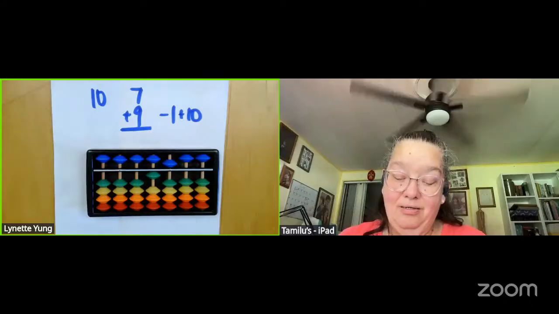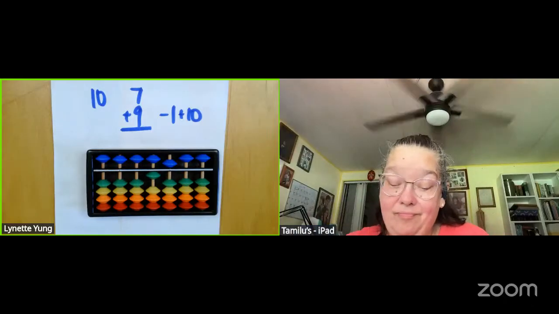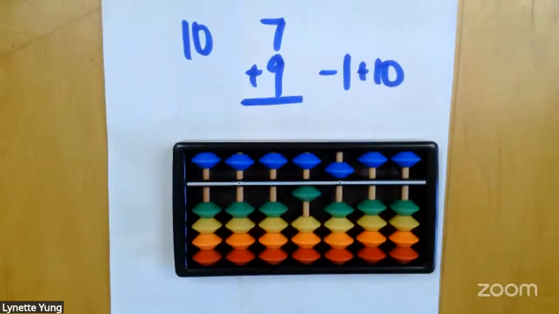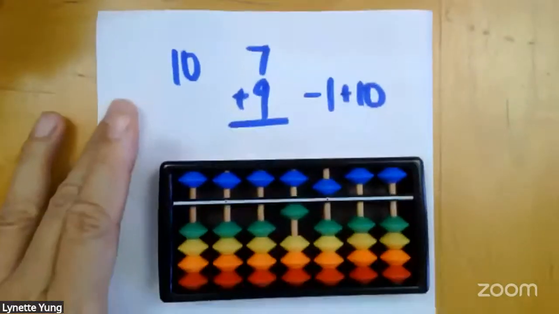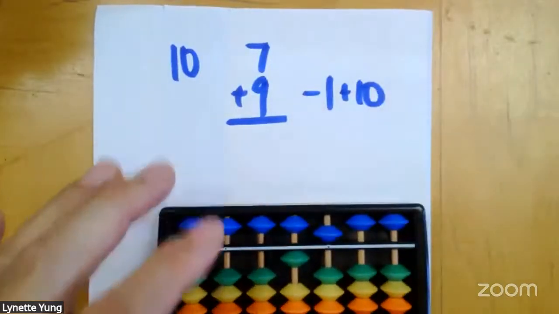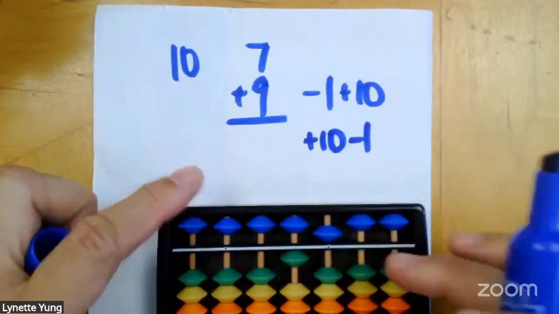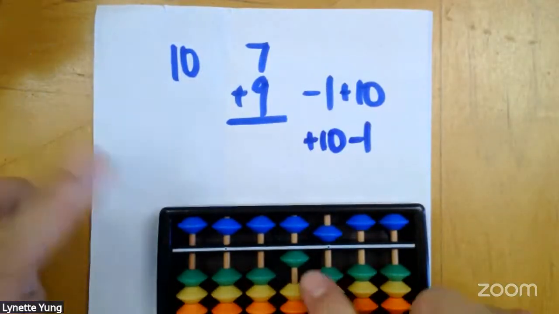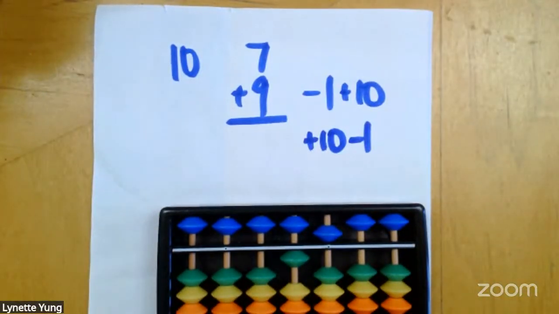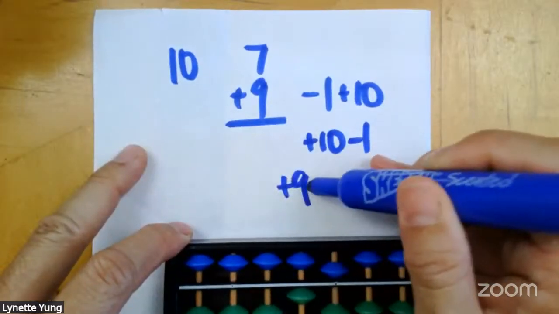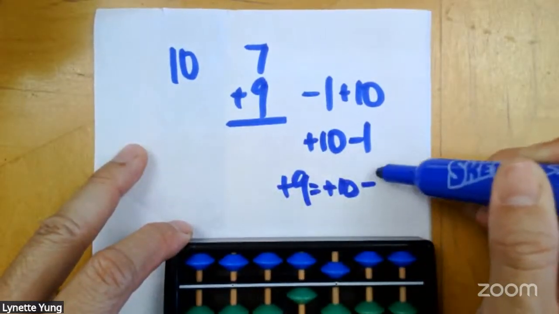I don't think there's a set way, just because we're all taught differently. I hope that made sense. When I teach it, I start with plus 10 minus the 1. The reason I start with plus 10 first is that it's easier to remember that if I want to plus the 9, it's equal to plus the 10 minus the 1.